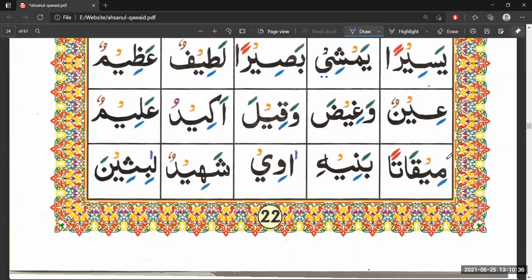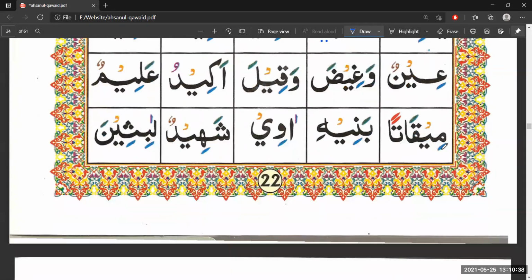Last line. ميم يا كسرة مي قاف ألف فتحة قا and تا تو فتحة دن. ميقاتا.